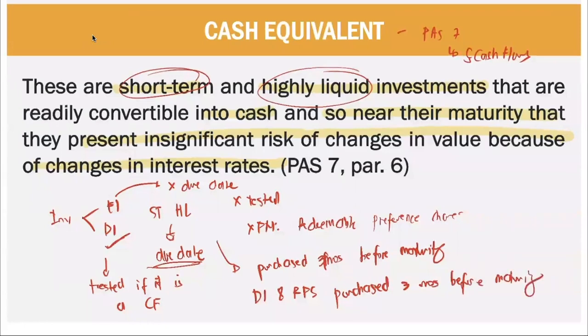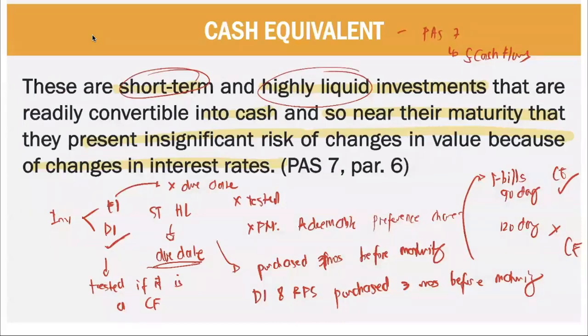So some examples of this are treasury bills. Let's say it is a 90-day treasury bill. 90-day, does it fall within 3 months? Yes. How about 120-day? Does it fall within 3 months? No. If it falls within 3 months, it is considered cash equivalent. If it does not fall within 3 months, it is not considered as cash equivalent. Are we clear?